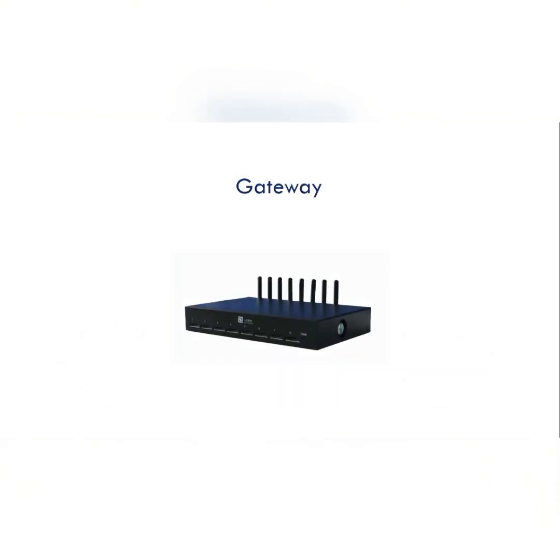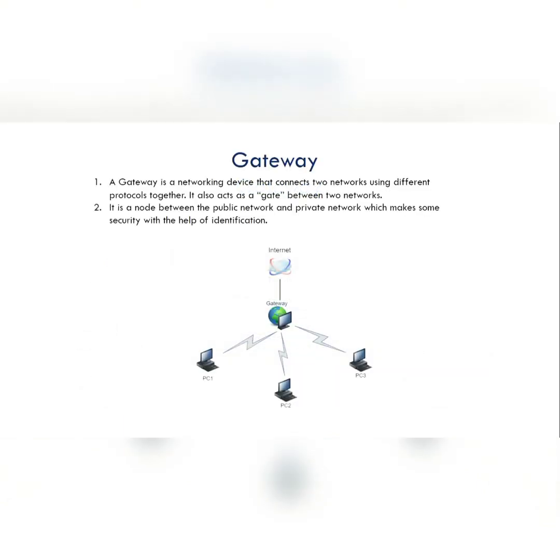Okay, now what is a gateway? Basically it acts as a gate between the internet and the devices or the networks. So what do you mean by identification? When do you need identification? If there is a big company and you are being introduced to that company, they first ask you for identification, that you are a part of that company.